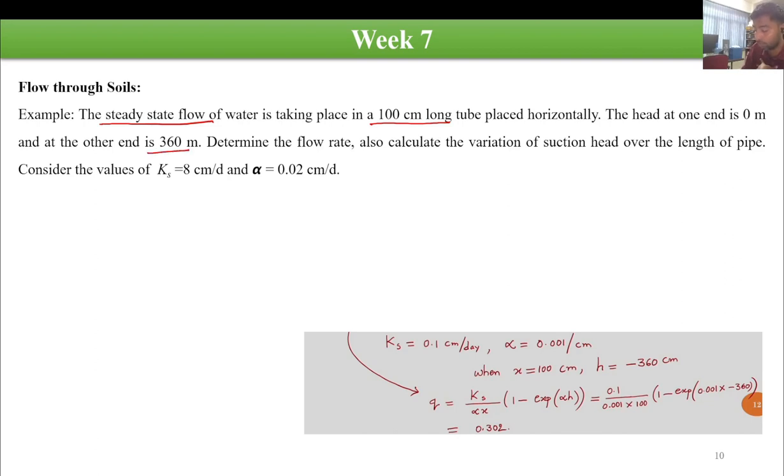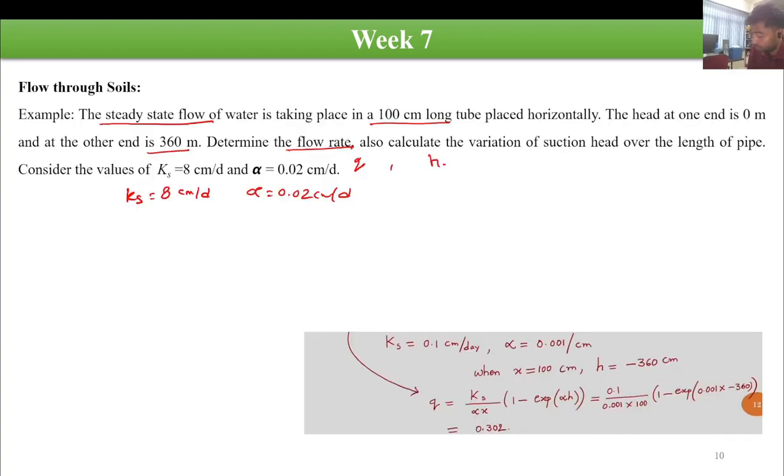We need to determine the flow rate and also calculate the variation of suction head over the length of the pipe. So here the same things we have to determine: Q and the variation in suction head H. And here the hydraulic conductivity is given as 8 centimeter per day at saturation. Alpha value is 0.02 centimeter per day. So which expression will we use? We'll use the Lu-Lacoste-Cox expression given here.